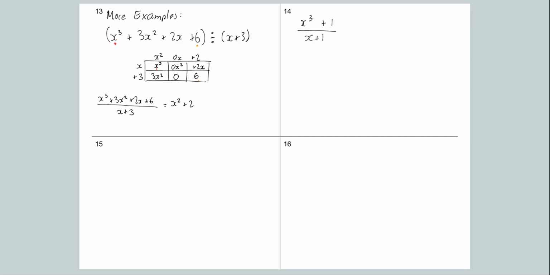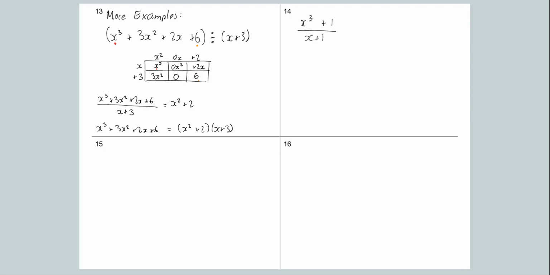Or to put it another way, x cubed plus 3x squared plus 2x plus 6 is equal to x squared plus 2 multiplied by x plus 3. So there you go. A bit weird, but nevertheless, it's okay to have 0 terms popping up. We can just ignore them at the end, but the process still works.